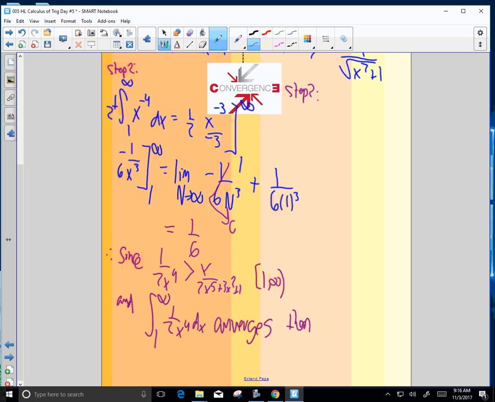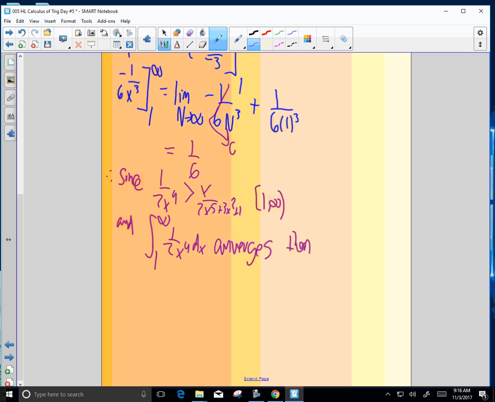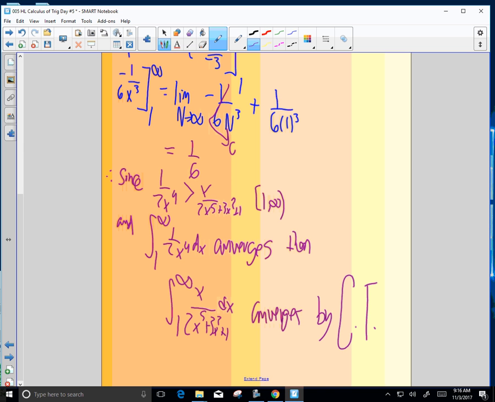Then what? The integral from 1 to infinity of x over 2x to the fifth plus 3x squared plus 1 dx converges, gives you an answer by what? Comparison test. And so this would be what I would call step 3, writing the since statement.